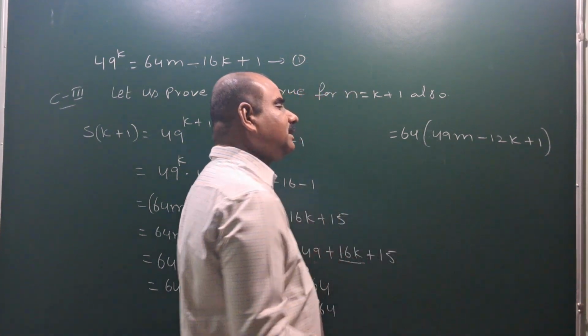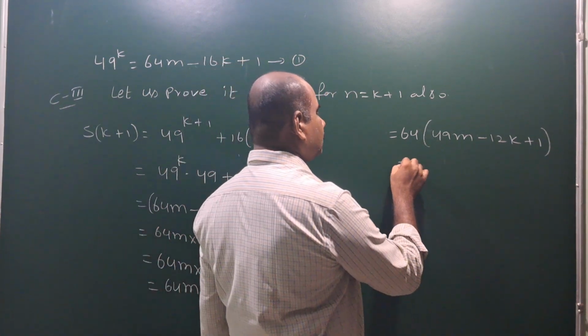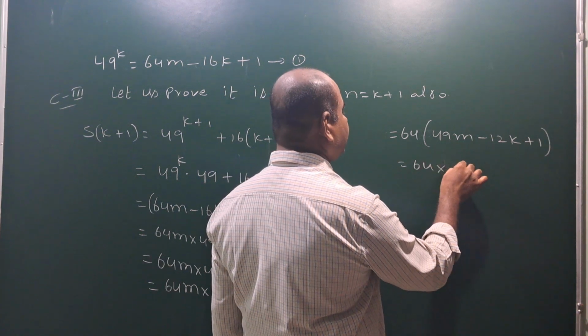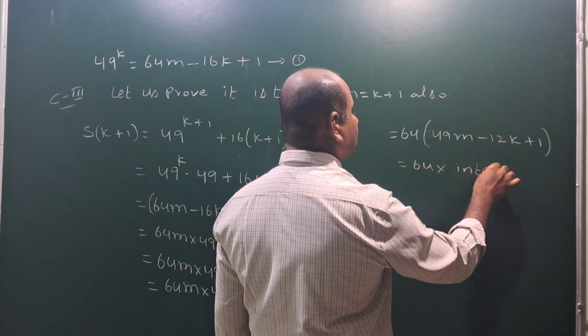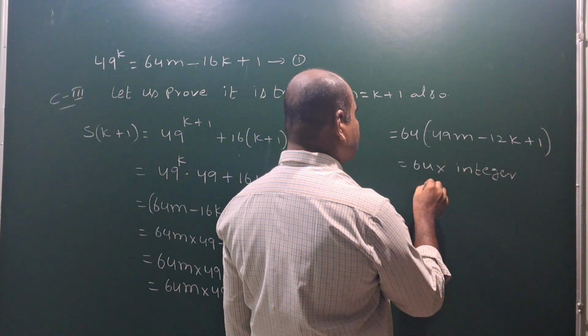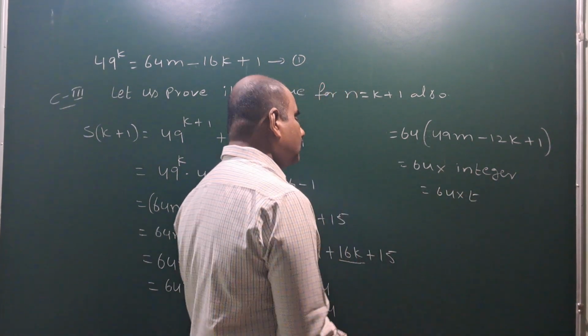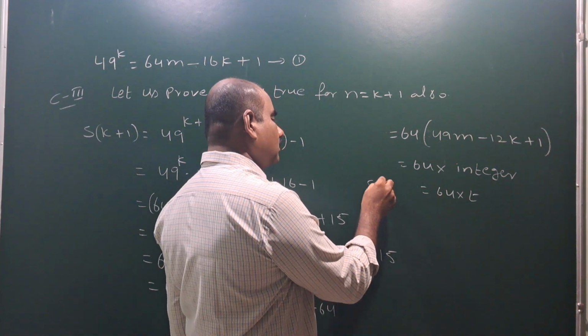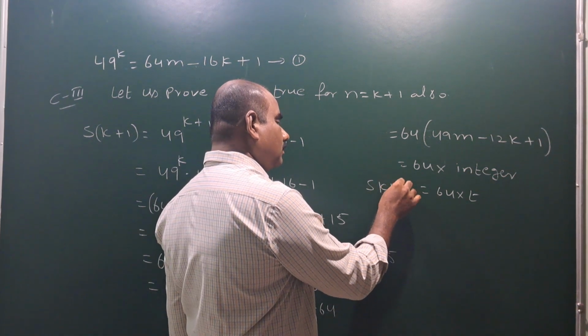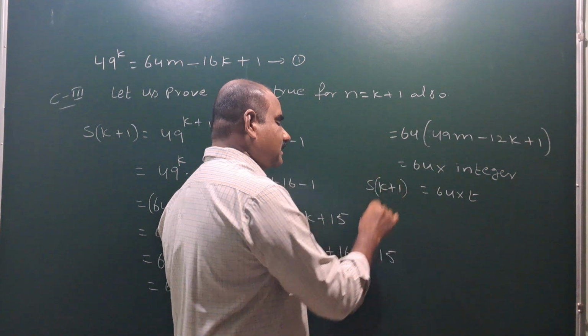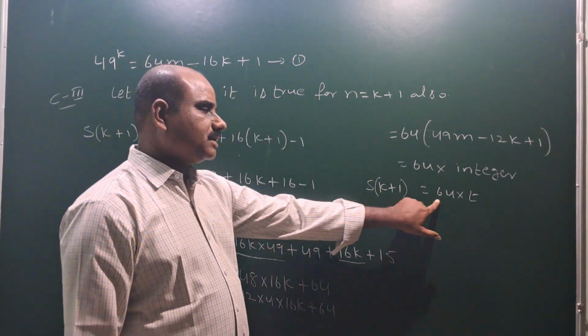And what about this number? It is also an integer. So 64 into some integer, maybe some t. Therefore we can express S of k plus 1 like this: 64 into t.